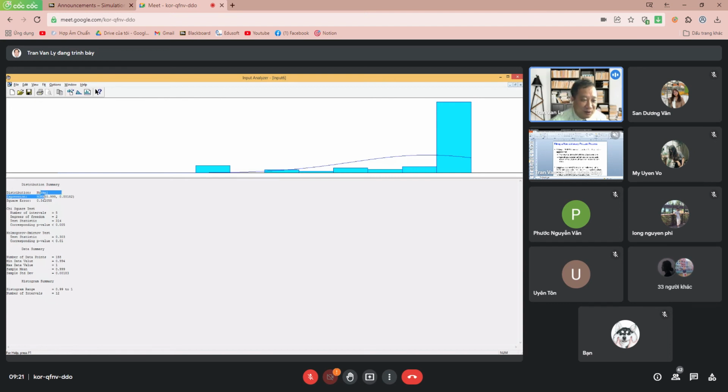Also here, the normal value, corresponding for KS and so on. So, what else? You can see insert. They have the chi-square test and the KS test.